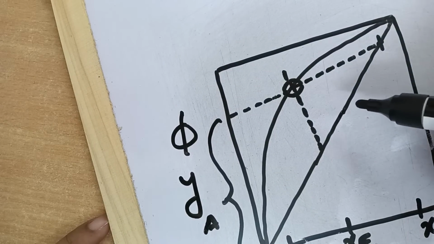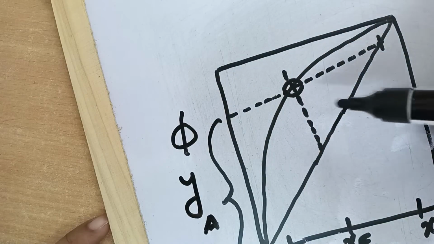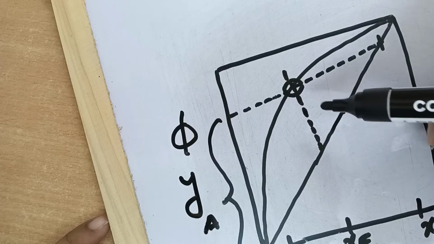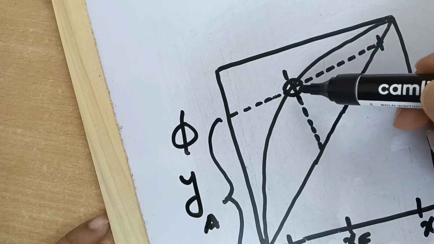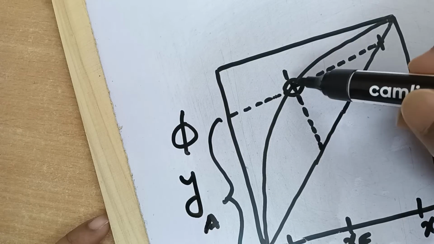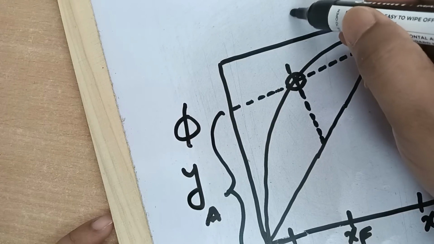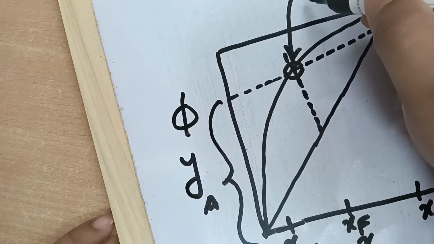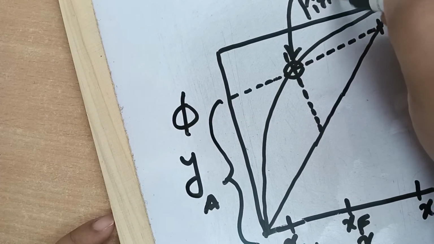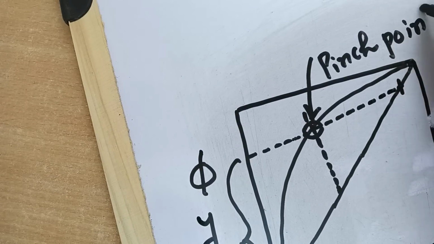So what exactly is happening? Once it moves towards the equilibrium line, there comes a situation when this enriching section operating line coincides with the feed line exactly on the equilibrium line. This point where the operating line and feed line coincide with the equilibrium line is known as the pinch point.